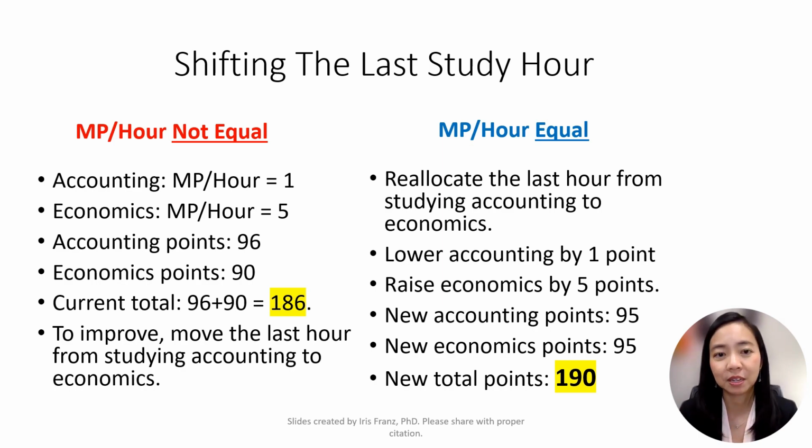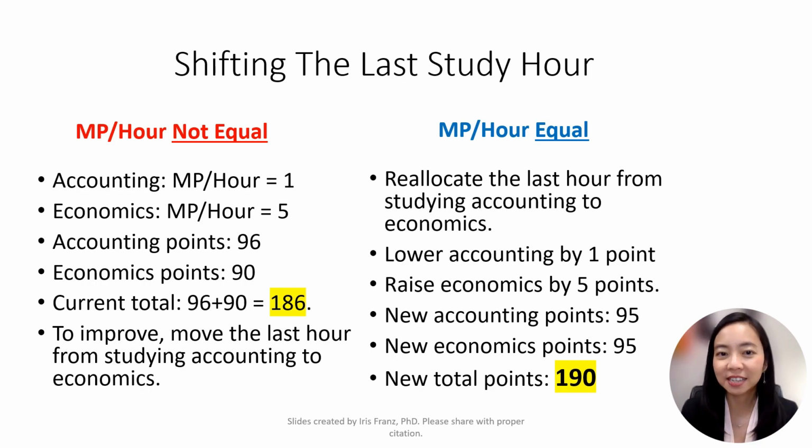At the same time, the shift of studying hour will bring up your economics grade by 5 points, because your marginal point per hour for economics is 5 points. Your new economics grade will be 90 plus 5, which is 95 points. Your total points will be 95 from accounting plus 95 from economics, which is 190 points.